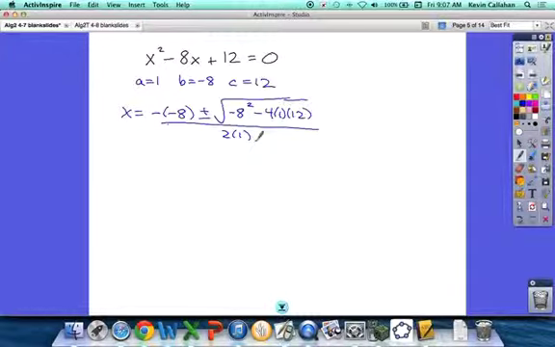Okay, now, what do you get if you try to simplify what's inside the radical? -8 squared is, put in your calculator, what do you get? It's positive 64 because you have to remember to put it in parentheses.